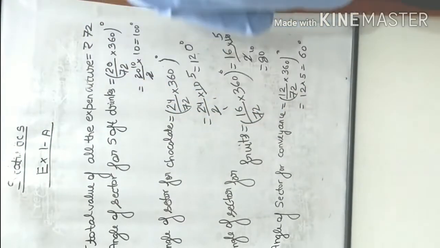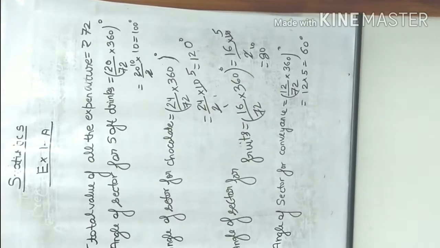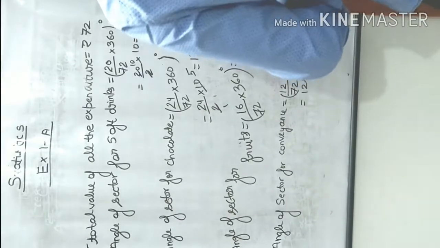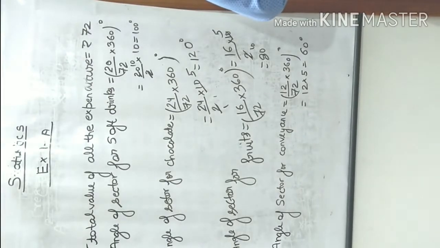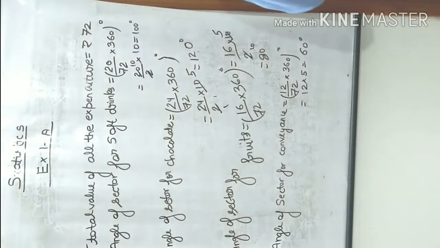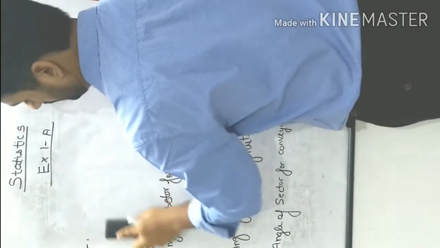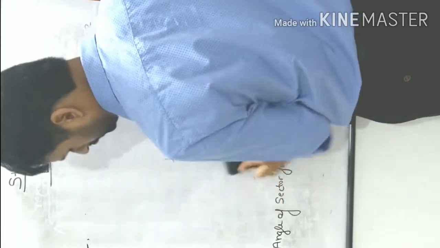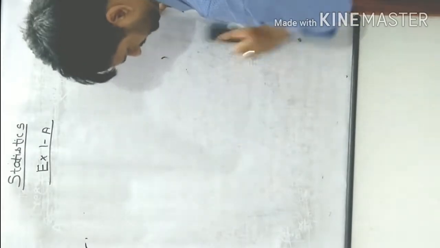I think rubbing will be a better option. Okay, so I'll rub this and then draw the pie chart. That will be one question for the pie chart, and you can understand all the questions like that only. The method is the same.